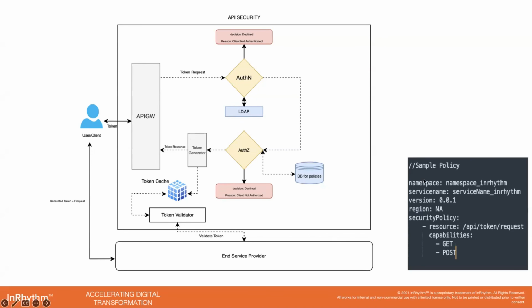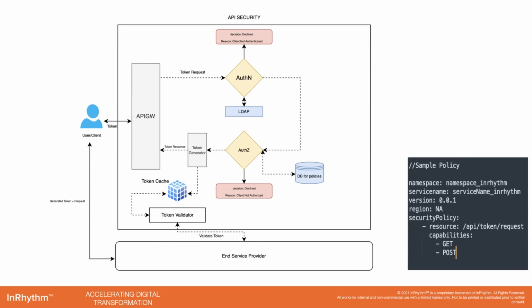I have attached a sample policy on the right side here. Policies contain end user service details such as the identity of the user, the resource, and API capabilities which someone can access. We can authorize if this client has access to that particular resource or endpoint with the right capabilities. For invalid clients, we decline the request saying that the client is unauthorized.